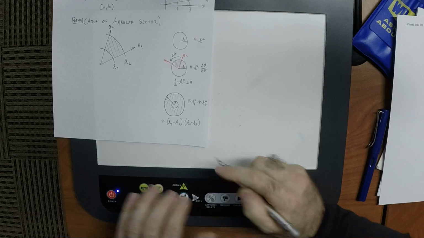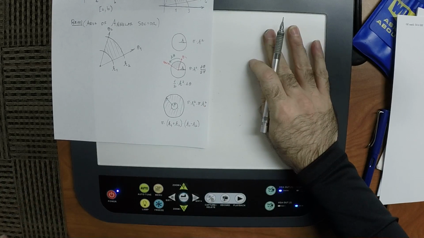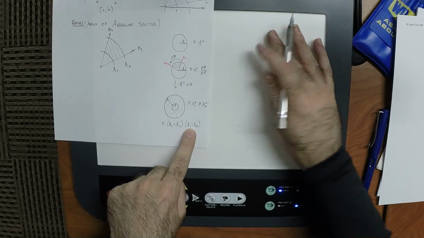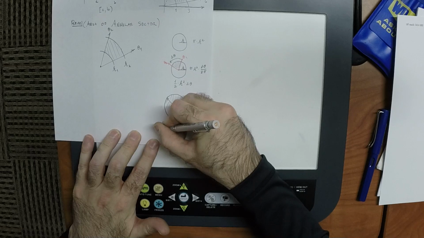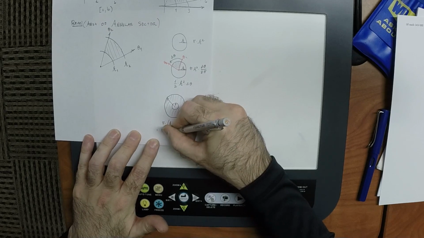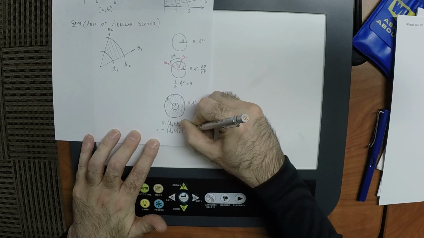Now we're going to be interested in the difference. So just like the difference of the angles we named delta theta, what are we going to name that one? Delta r. So we could say that this is equal to pi times r1 plus r2 and then delta r like this.